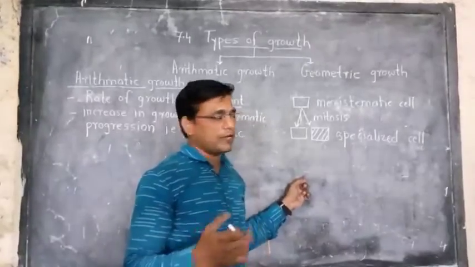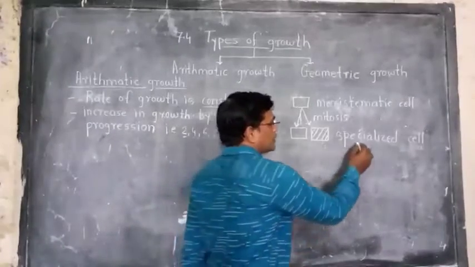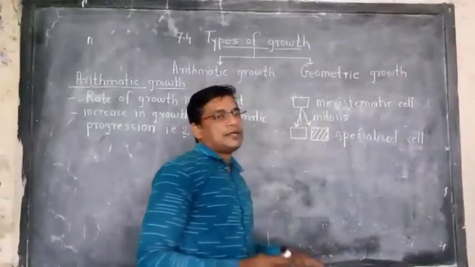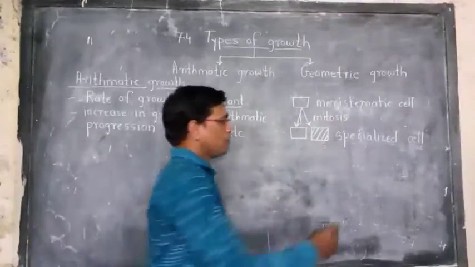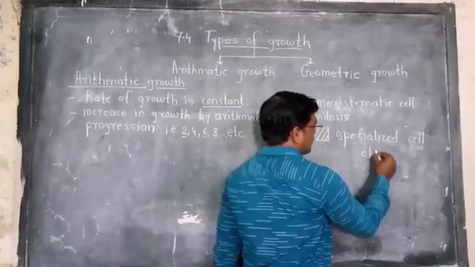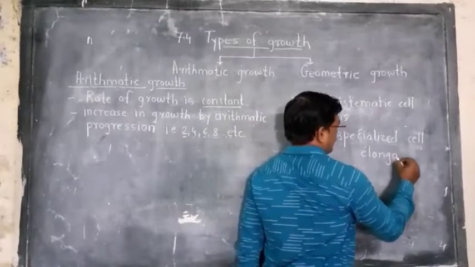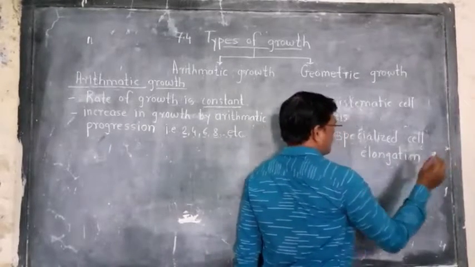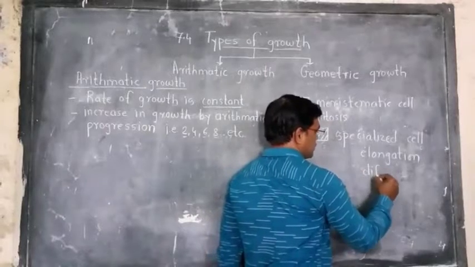It cannot divide. So the specialized cell takes part in the process of elongation and differentiation.